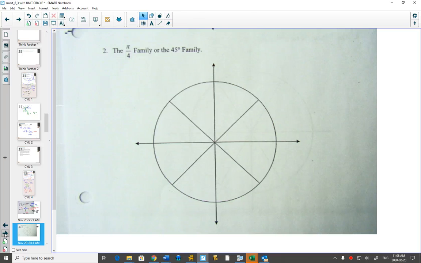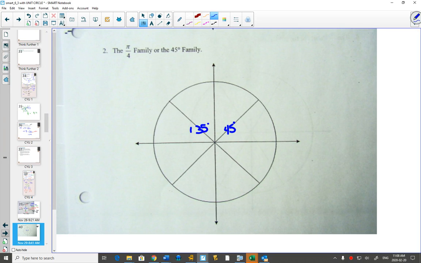So again, in the 45-degree family, all of the angles have a reference angle of 45 degrees. In quadrant 1, it's going to be 45 degrees. What will the angle be in quadrant 2? 135.